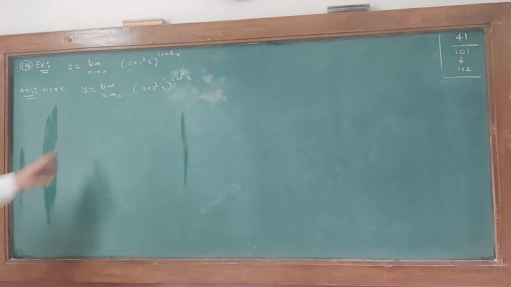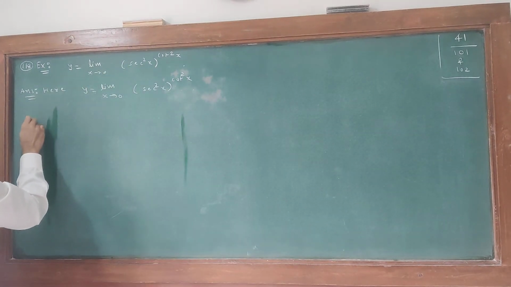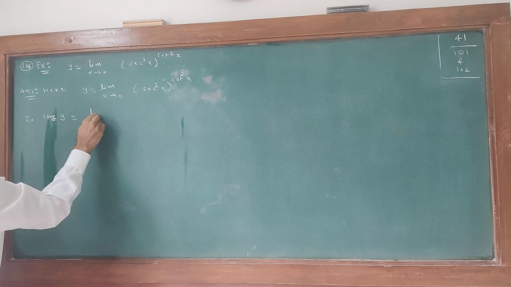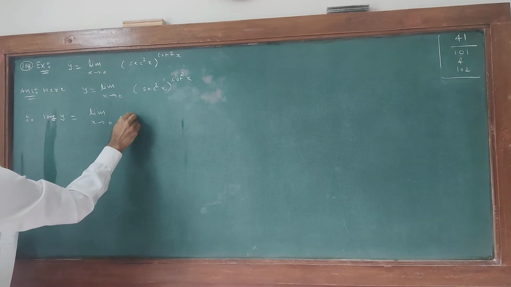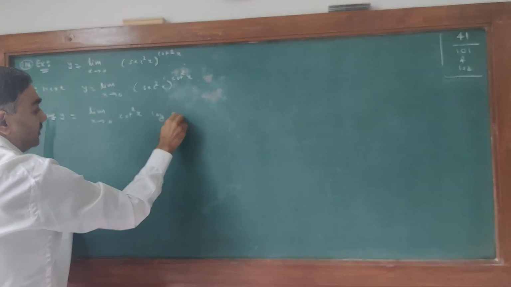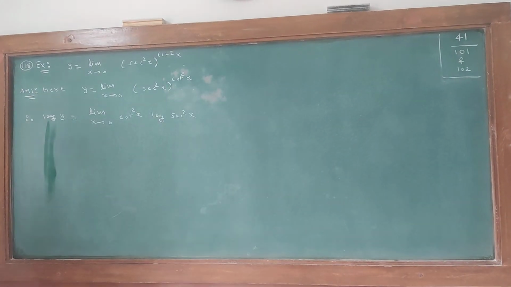So now we take log on both sides, therefore log y is limit x tends to 0, cot square x log sec square x, because whenever we take log, we can put the power as a multiple.